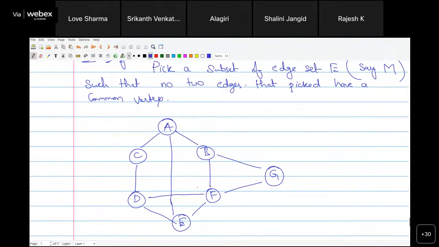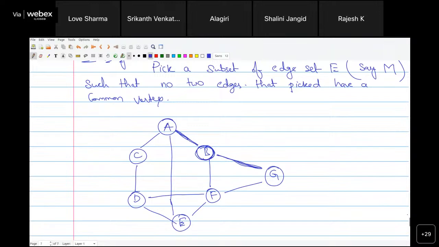Edges having a common vertex means, you see this AB edge and this BG edge. These two edges have a common vertex, which is B. So edge AB and edge BG have a common vertex, vertex B.